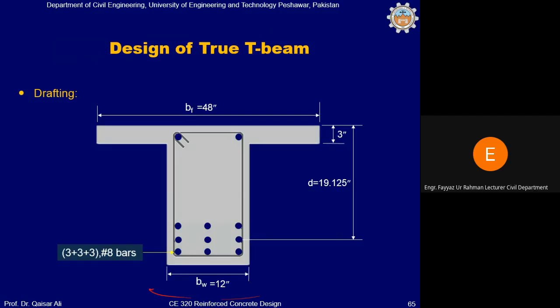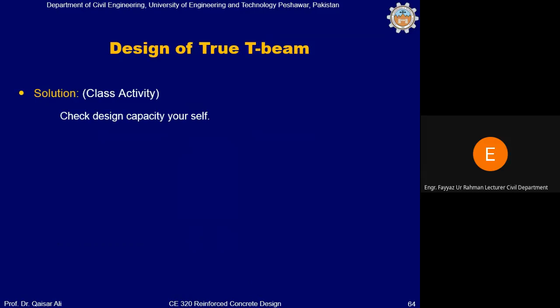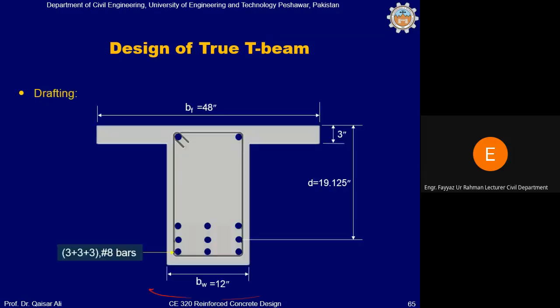Corresponding to this, you can calculate the actual effective depth, and corresponding to actual reinforcement, you will calculate the actual depth of the compression block, and based on this you can calculate the flexure capacity of this section. That is your home activity. Finally, check its capacity yourself: calculate the actual capacity of this section and compare it with the demand moment.